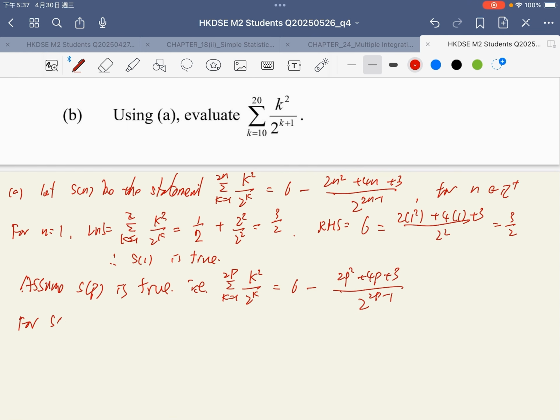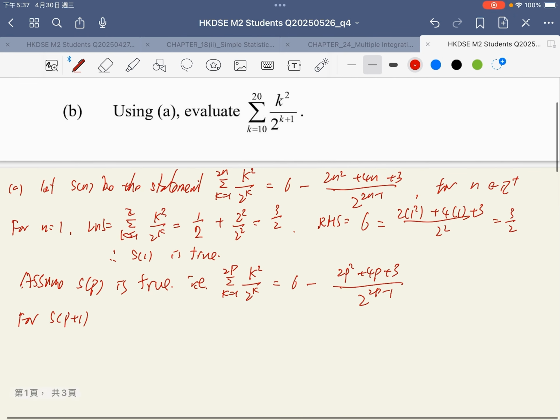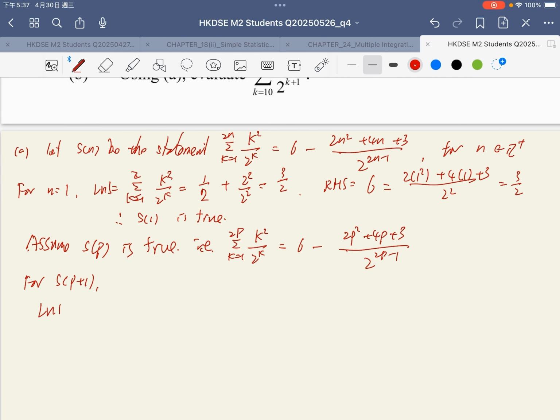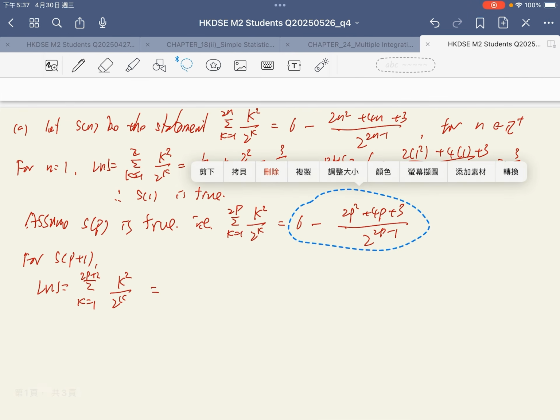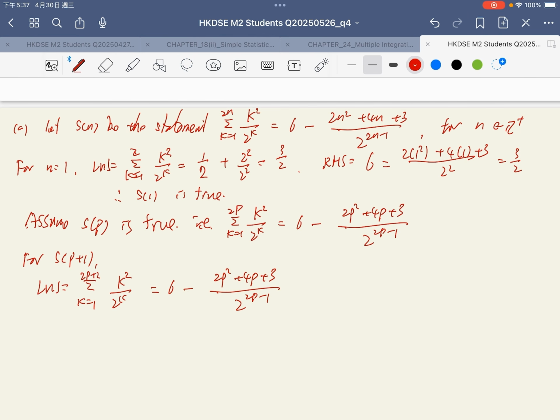And for SP plus 1, the left hand side is summation k from 1 to 2p plus 2, which is equivalent to this part plus 2 more parts. The one part is 2p plus 1. The other part is 2p plus 2.